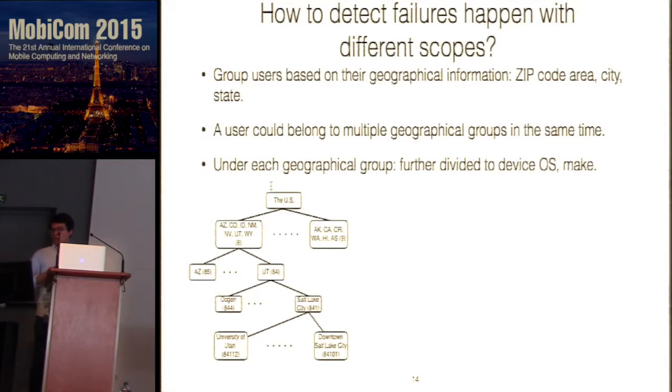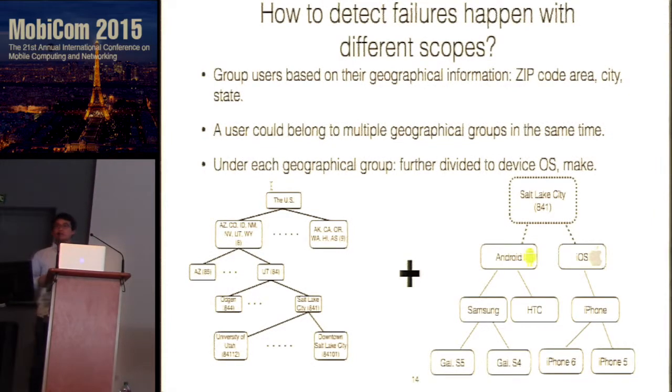So we utilize the zip code hierarchy to divide users into different geographical locations. And a user can belong to multiple zip codes, multiple geographical locations at the same time. For example, I can belong to the group of all users in Salt Lake City, and in the meantime, I can belong to the group of all users in Utah.